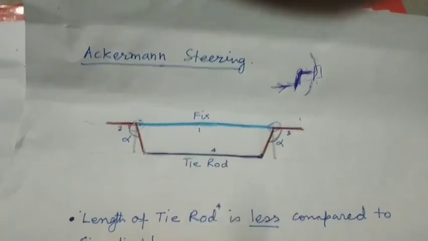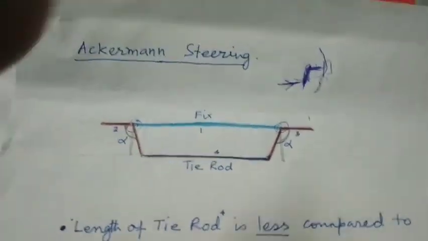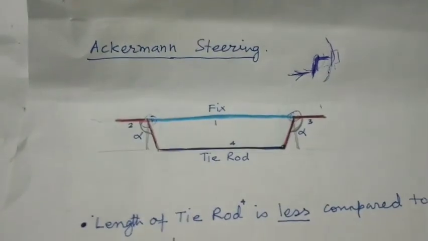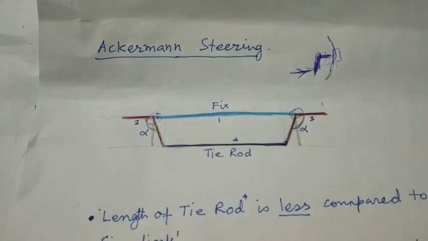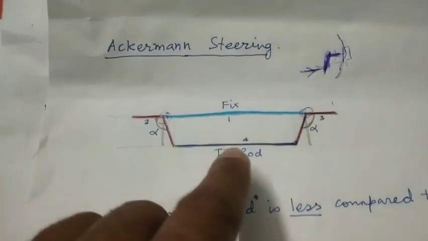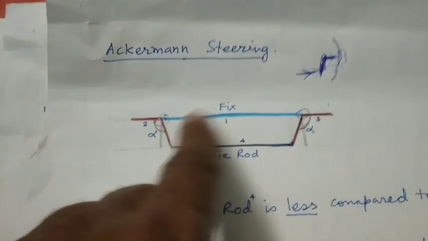The tie rod can slide to the left or to the right, turning the 3 and 2 linkages at this fulcrum position.